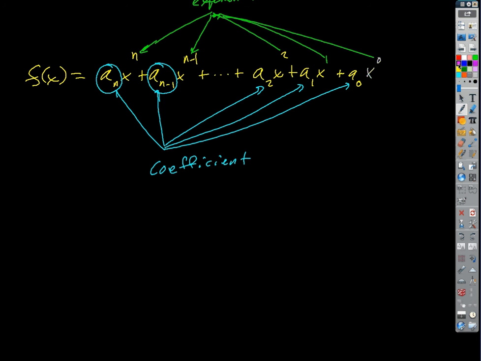We could say that the degree of the polynomial is n, because n is the highest power of the variable, in this case x, right?